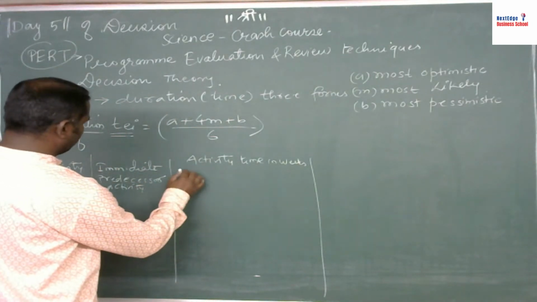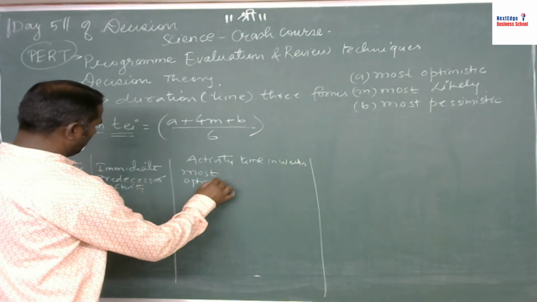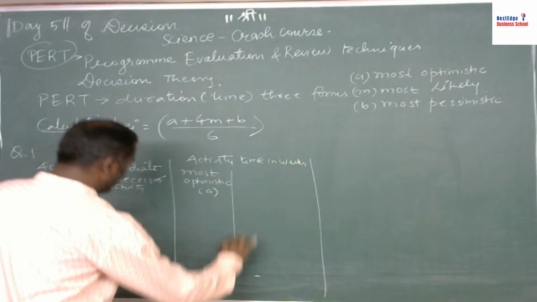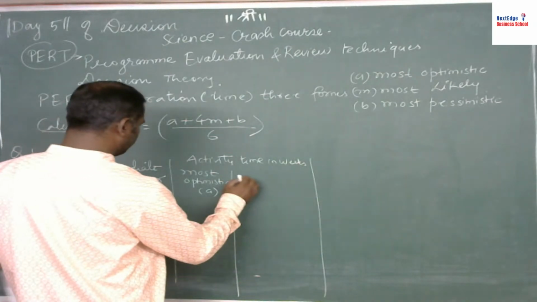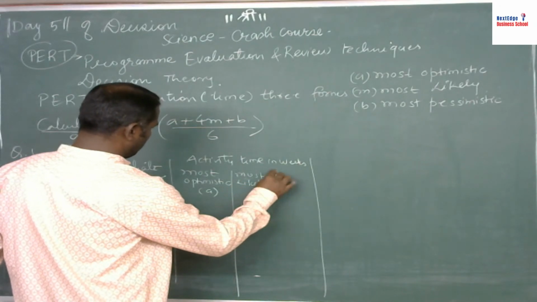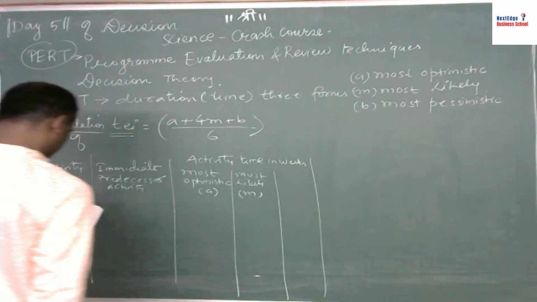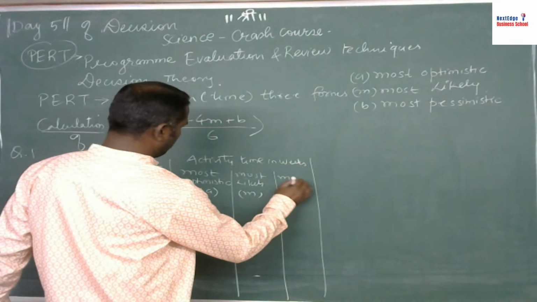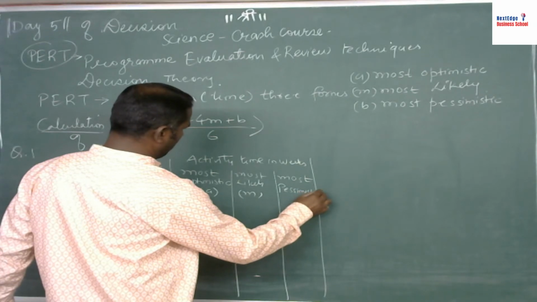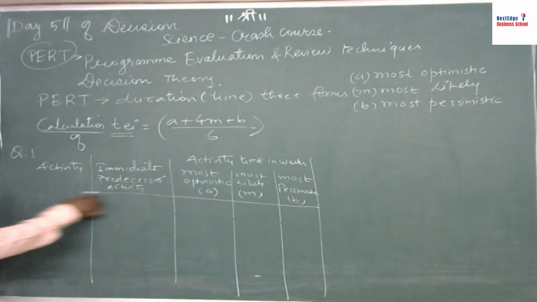Most optimistic, represented as A. Then most likely, represented as M, and most pessimistic, written as B.